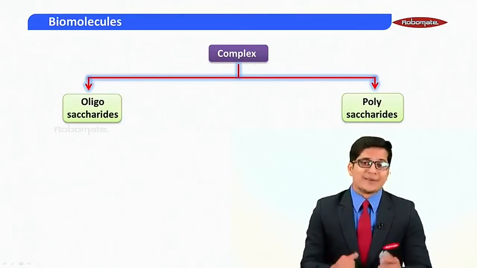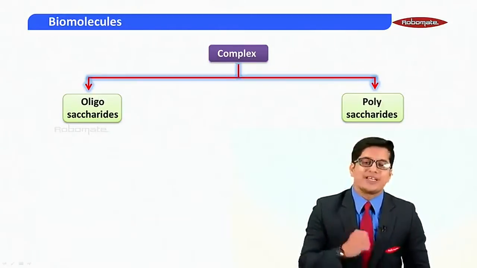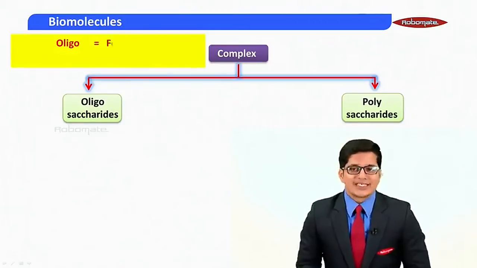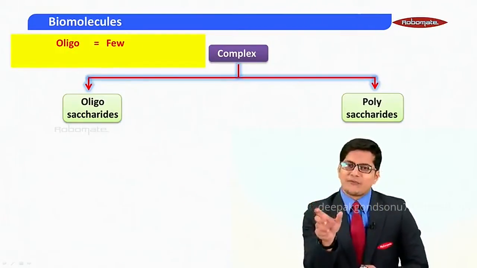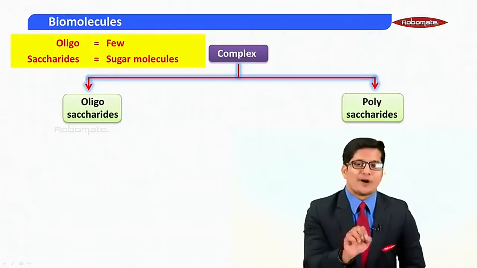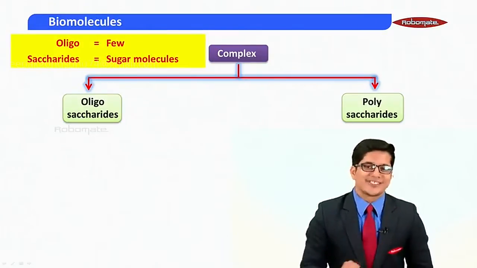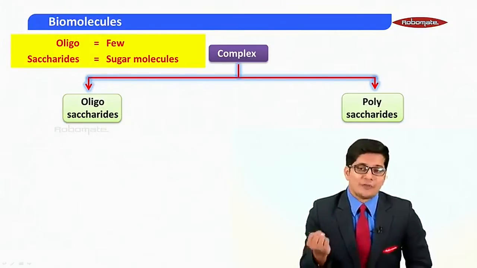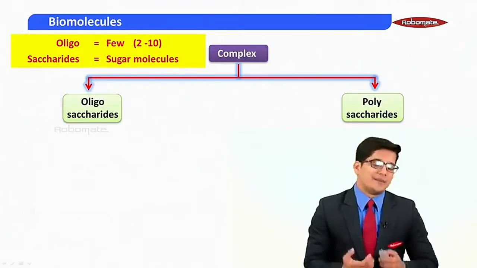Now what do we mean by oligosaccharides and polysaccharides? Let's see. Oligosaccharides means oligo is equal to few, saccharide is equal to sugar molecules or monomers. And few means how much? The few means 2 to 10 monomers.